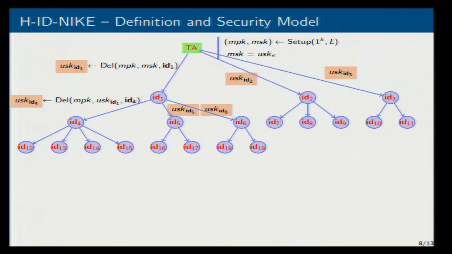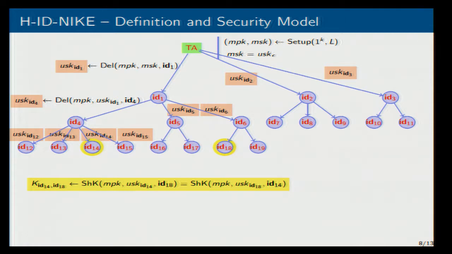And then any identity in the level 1 of the hierarchy can use its private key to generate private keys for all its children, and it can do this by using the delegation algorithm. And the process continues until we reach the bottom of the hierarchy.